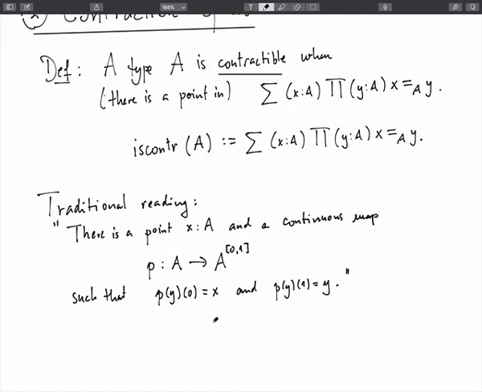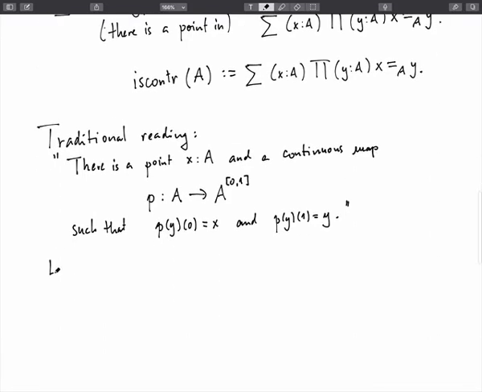But under this reading, this is classically the same thing as A is contractible. Because this P here is more or less the homotopy showing that, you see, I just transpose it, I will get precisely what I want.